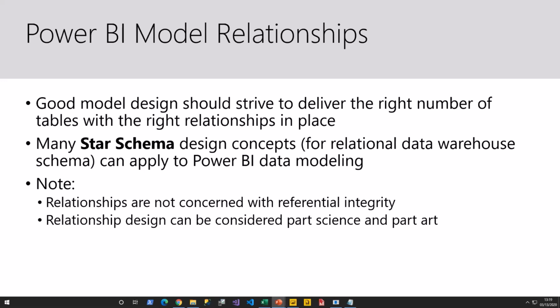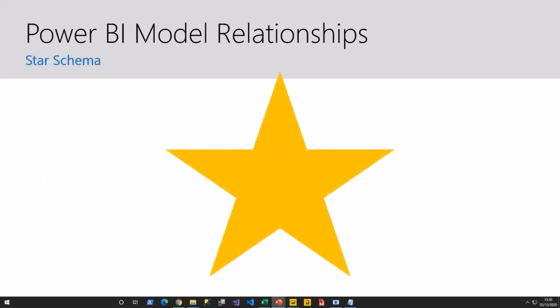And so therefore, it's a blend of good science, as in achieving the right result based on what Power BI relationships do, and then adding a bit of art and elegance sometimes to your design is part of the mix. So just making it clear that there might be multiple ways to achieve the same result, but usually you'll find that there is one that fits best for your purpose and for optimization.